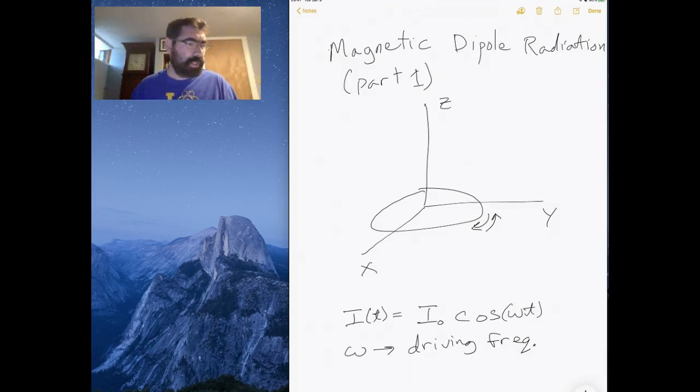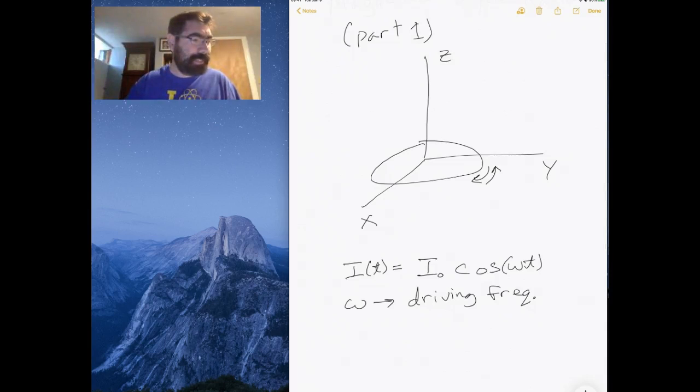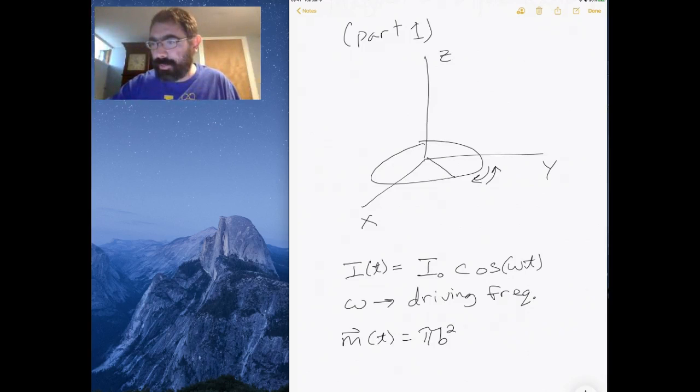So the magnetic dipole moment, m as a function of time, is the area, pi b squared, where b is the radius of our loop, times the current, and it'll be pointing in the z direction. So our magnetic moment is going to be pointing up here.